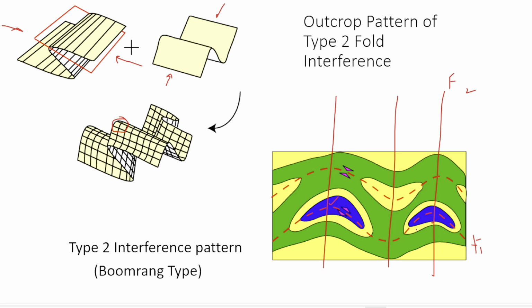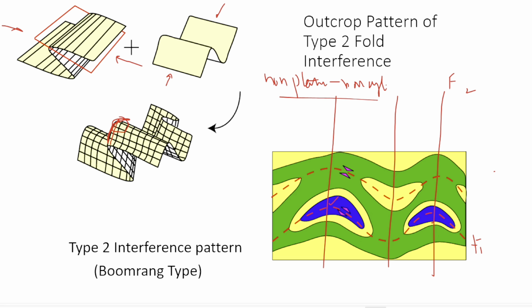The F1 fold axial plane is now curved, so it is non-planar, and it is non-cylindrical as well. If we look at this part, the hinge line of the fold is curved now, so it is non-planar, non-cylindrical. Hope you got it.